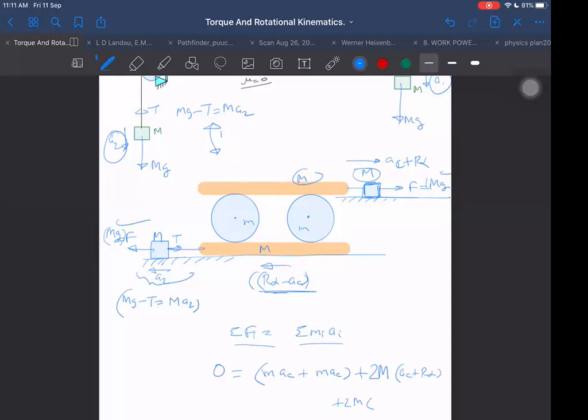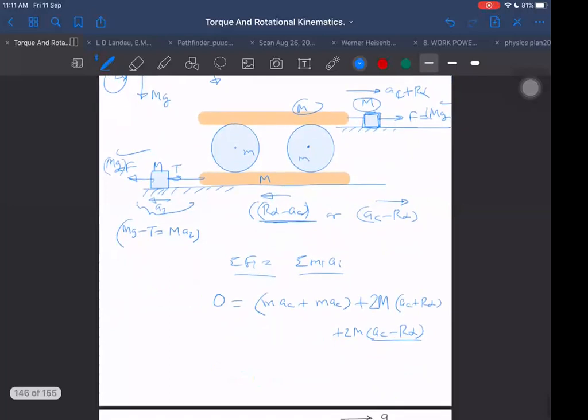Or I can write AC minus R alpha in the forward direction only. Then all will be in the same direction, and I don't have to put a negative sign in that case. Okay, then I will write AC minus R alpha in the forward direction. That net is equal to 0. 2m.